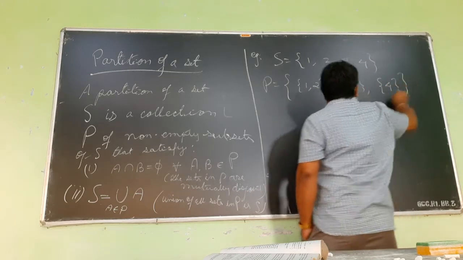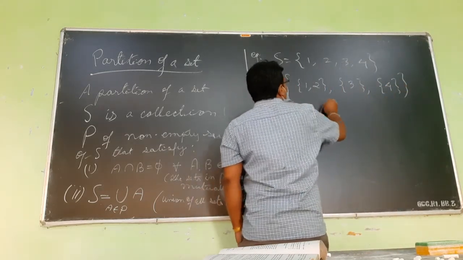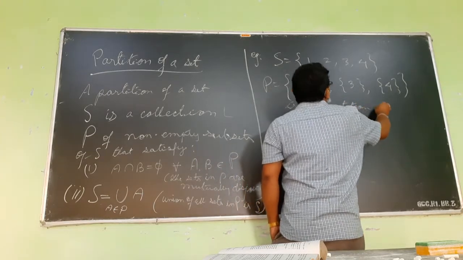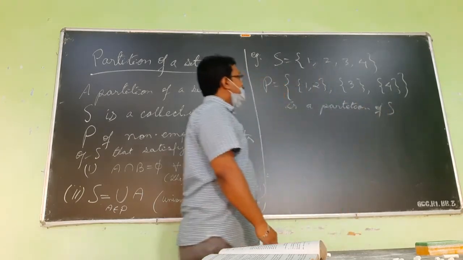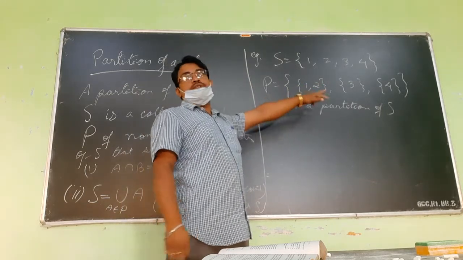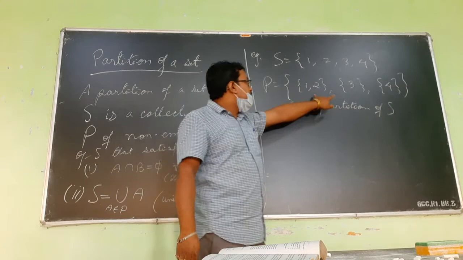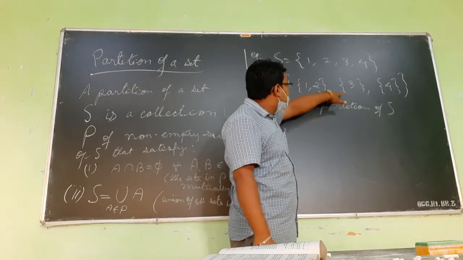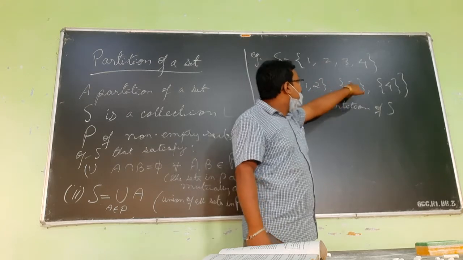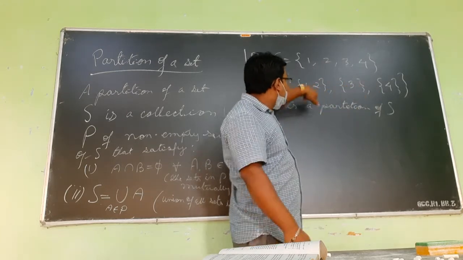This is a partition. This is a collection of subsets. The subsets are mutually disjoint. There is nothing common between any two of them. Take these two, nothing common. Take those two, nothing common.